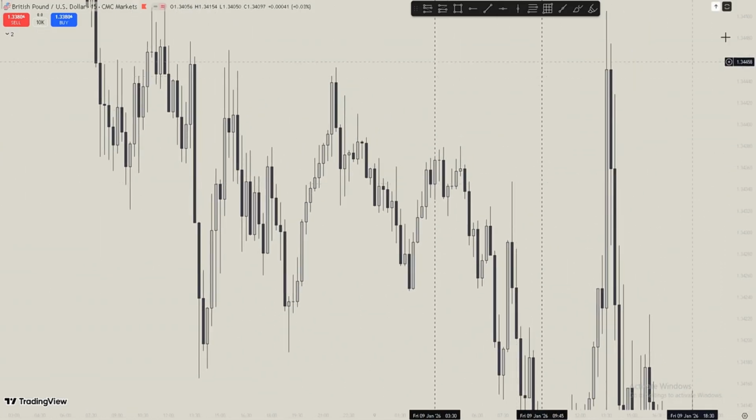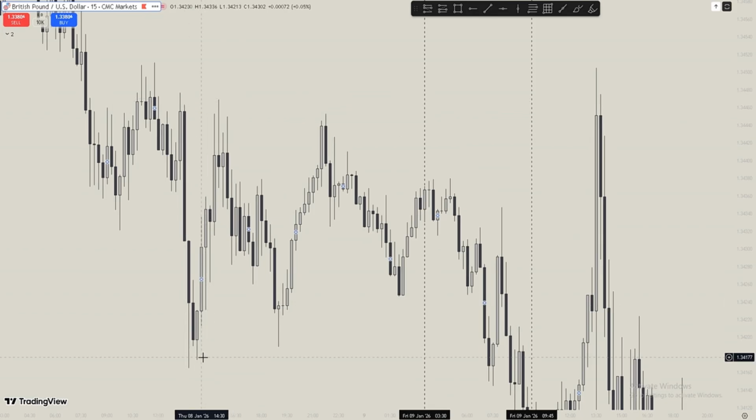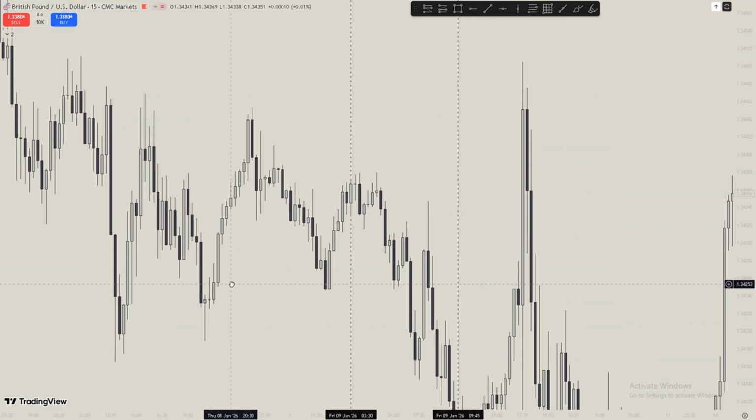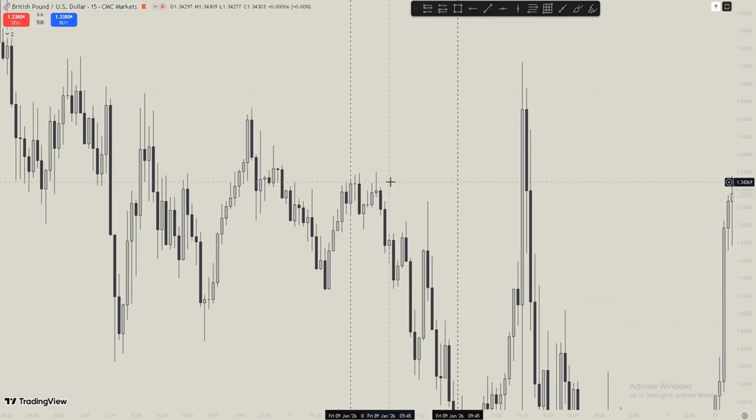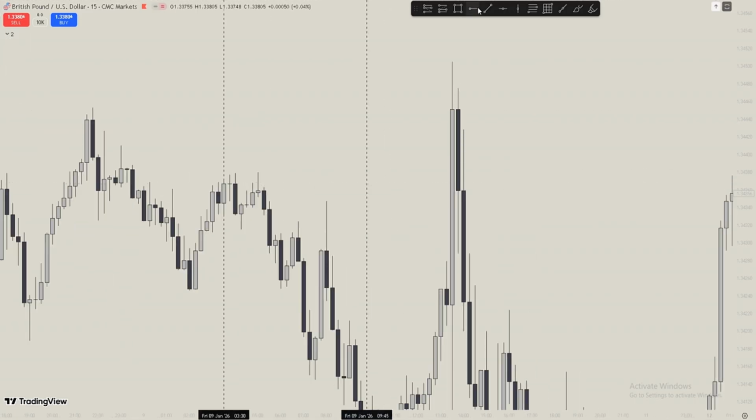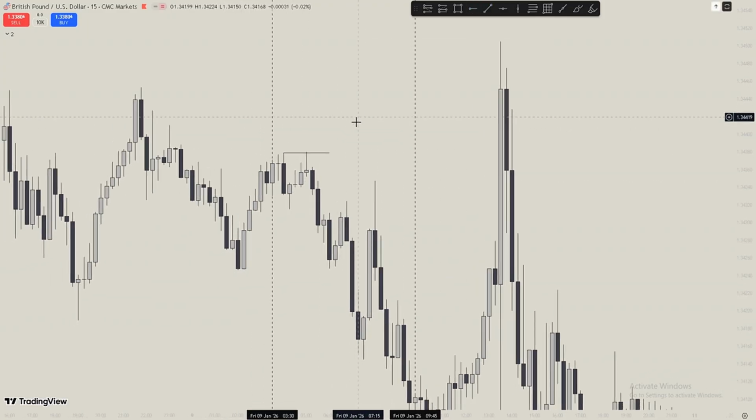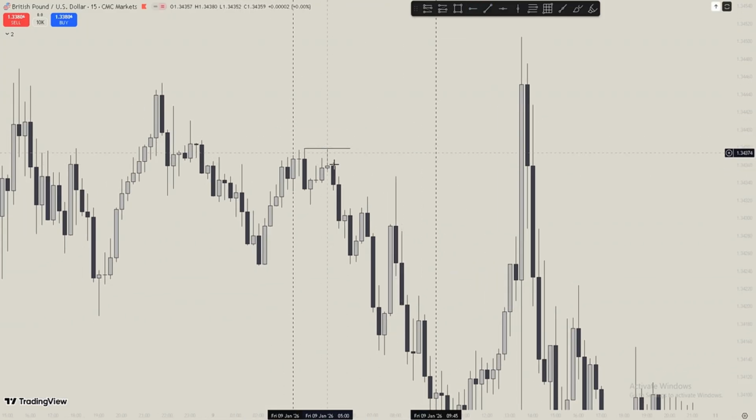So we see that there were big down movements, and crazy movements, and it is going to be a reason why I'm looking for short. So after this liquidity was swept, it started to make lower high, lower low, and lower high and lower low.